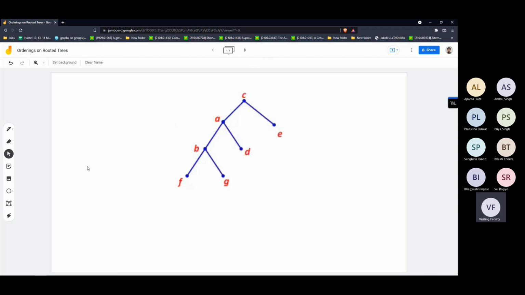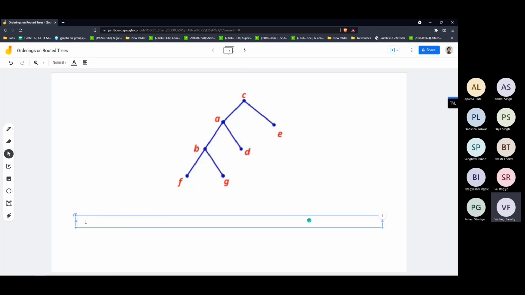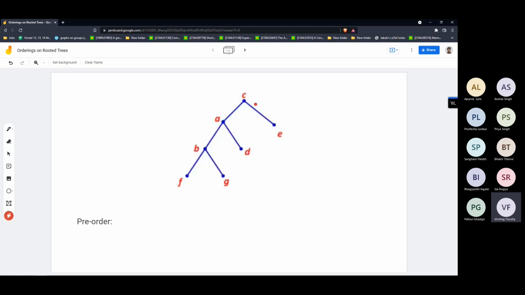The first one is what I'll call the pre-order. What is the meaning of pre-order? Pre-order works like this. You have to start with the root. There is a left subtree and there is a right subtree.